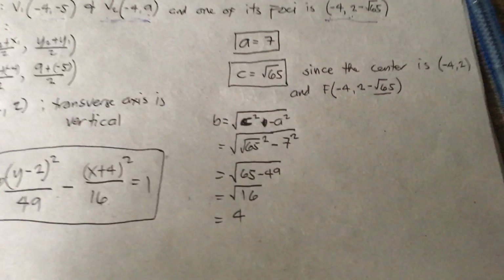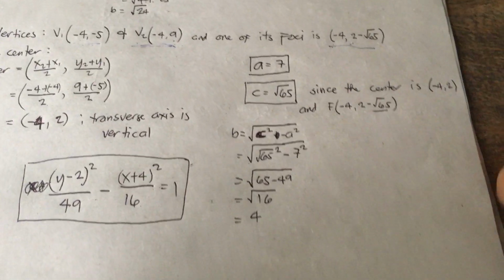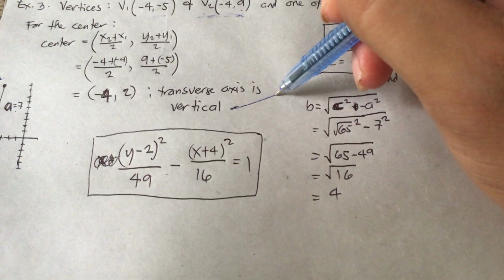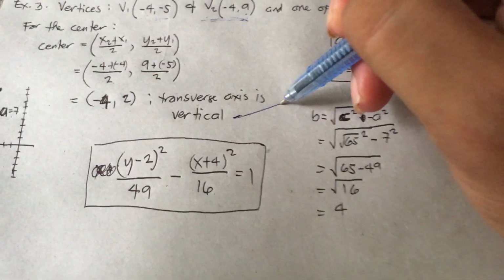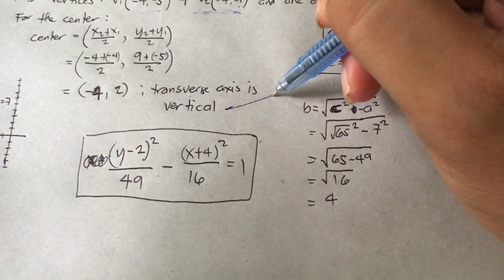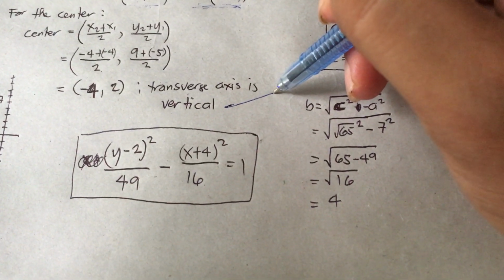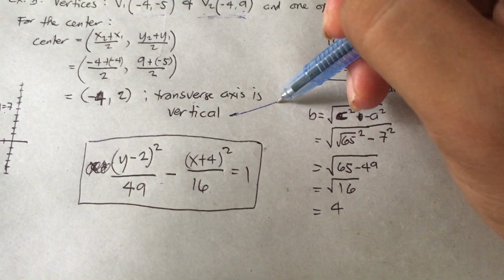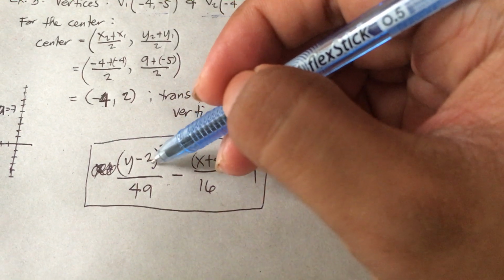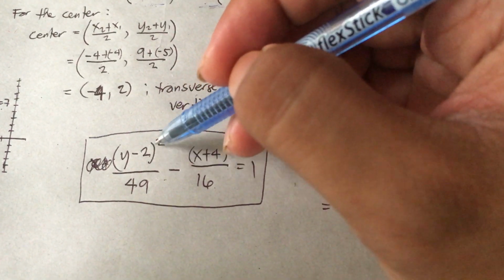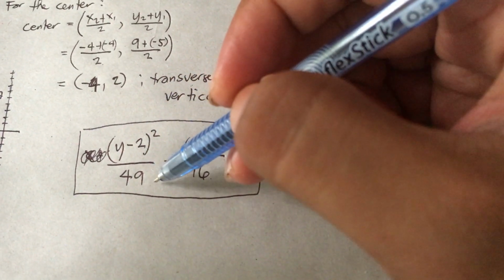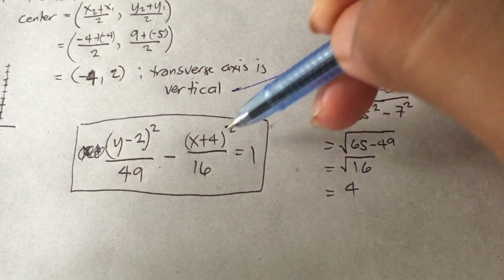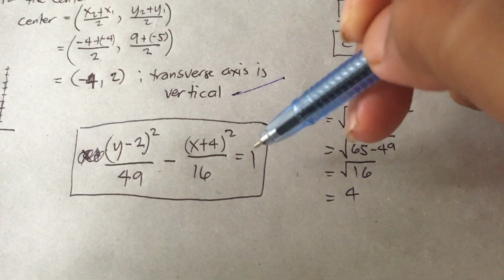We can now write our equation, but try to remember that our transverse axis is vertical. If vertical, it means the transverse axis is along Y. If along Y, it means the Y is positive and the X is negative. So it becomes Y minus 2 squared over 49 minus X plus 4 squared over 16 equal to 1.